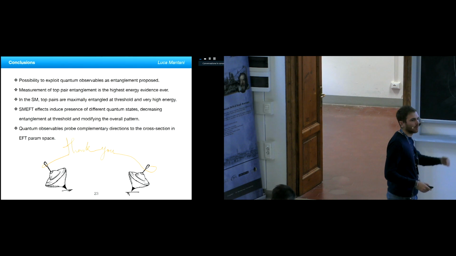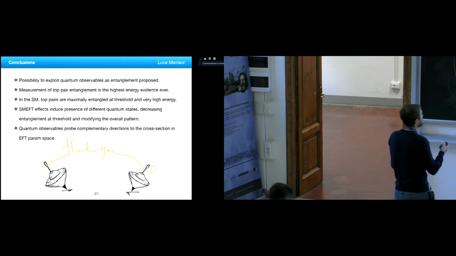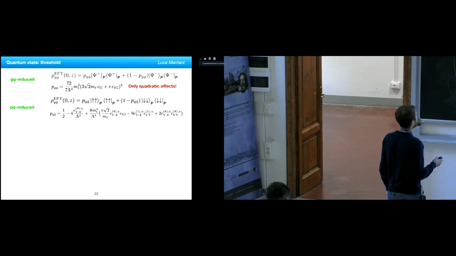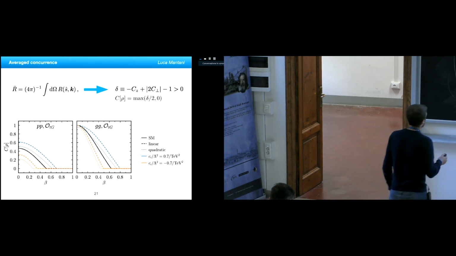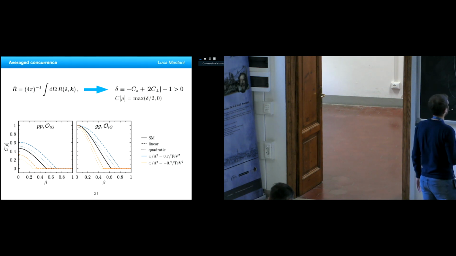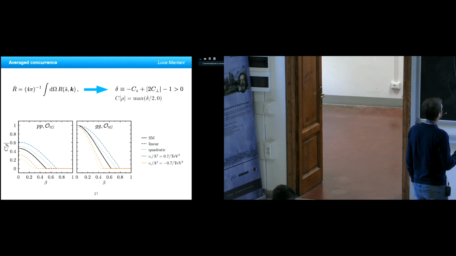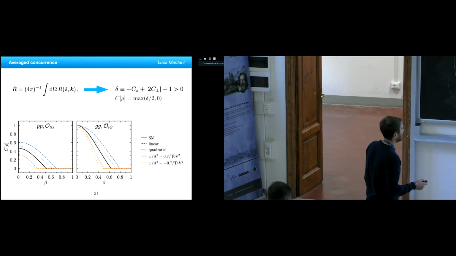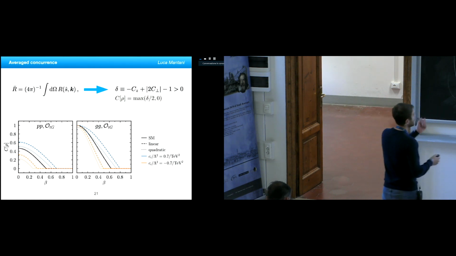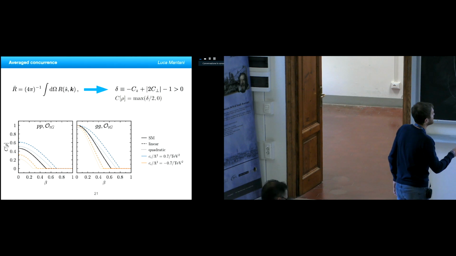What we show here is that this would be in a way the plot to look at. You can go both up and down because it depends on the value of the Wilson coefficient. However, this effect is there not because of this, which is very mild.